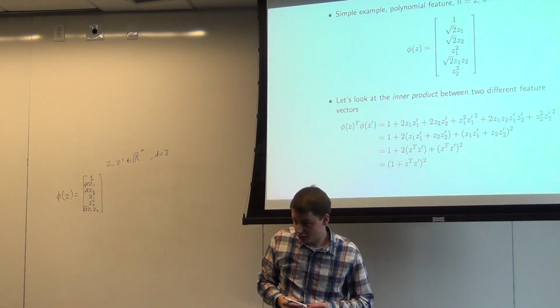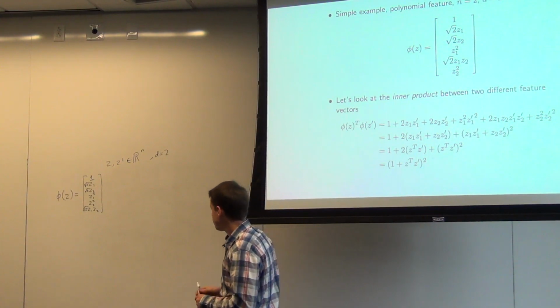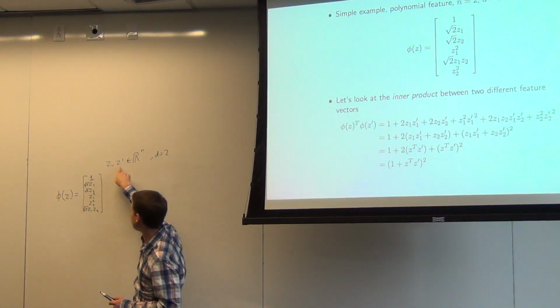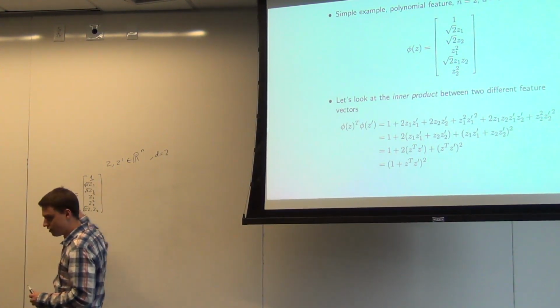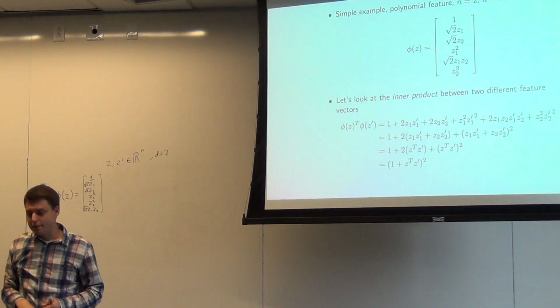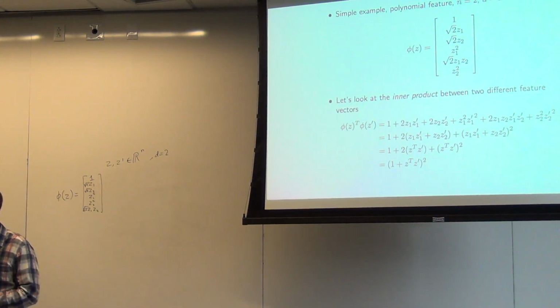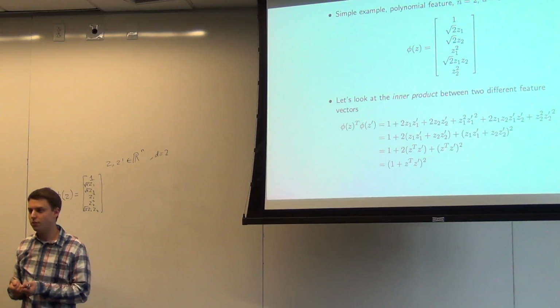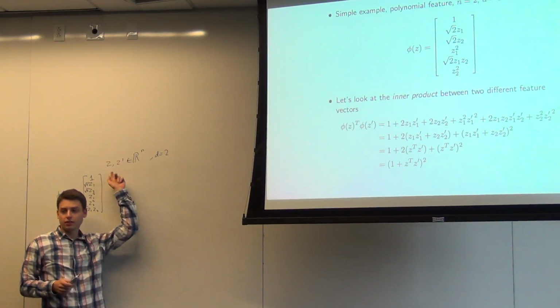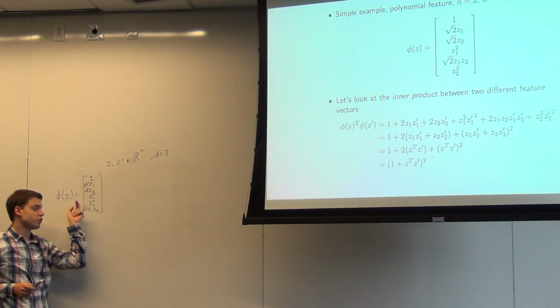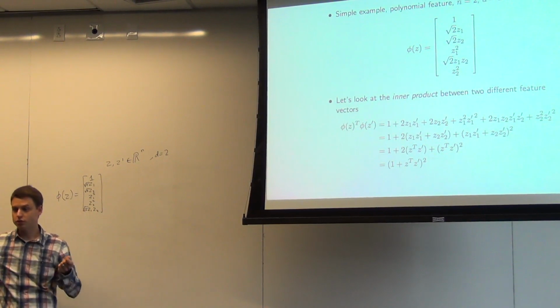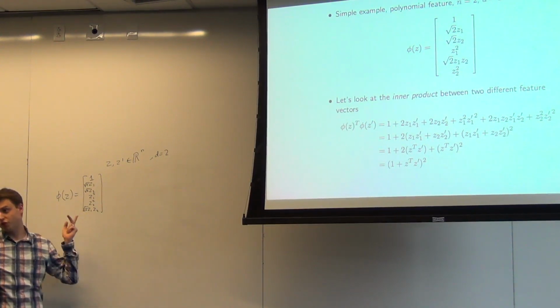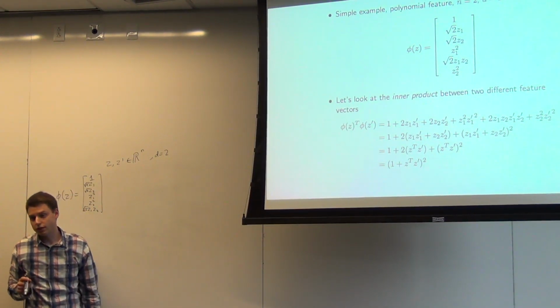So now let's do the following thing. Let's take two different inputs here, z and z prime. Let's compute the inner product of these two feature vectors for these two inputs. Okay?